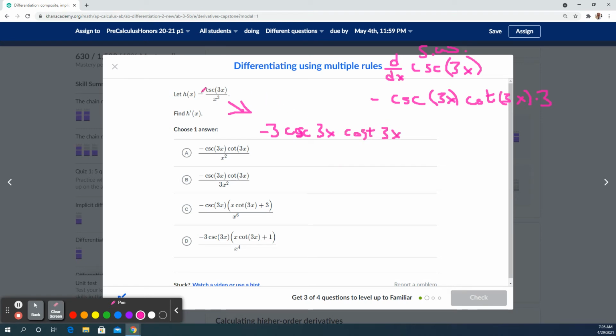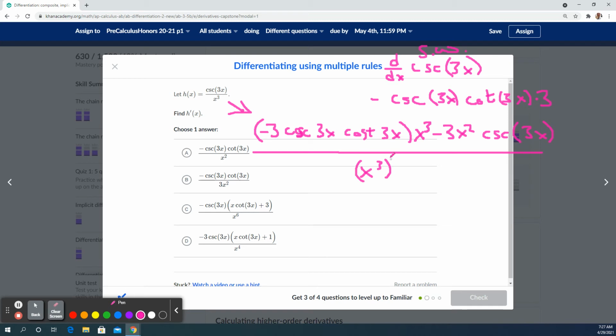The derivative of the top times the bottom, minus the derivative of the bottom, which is just 3x squared, times the top, all over the bottom squared, which is x cubed squared.